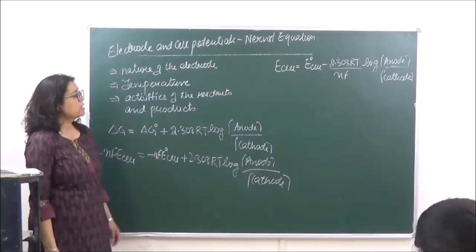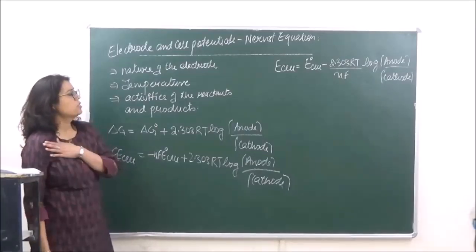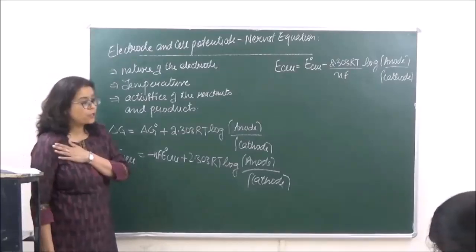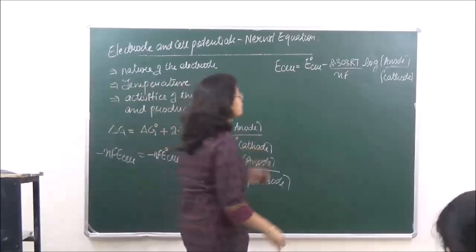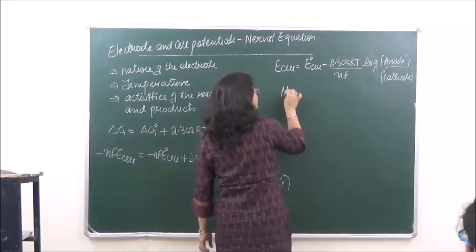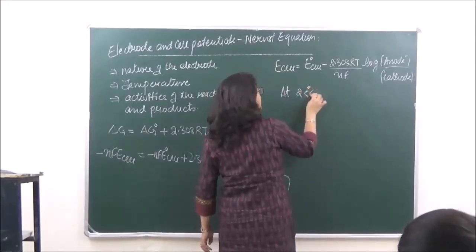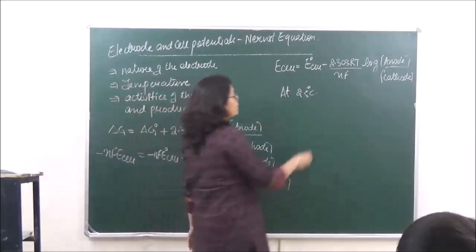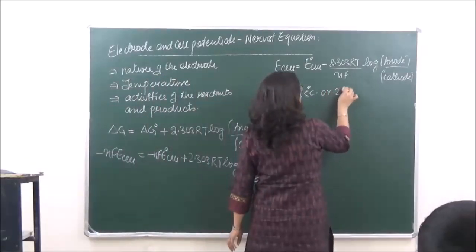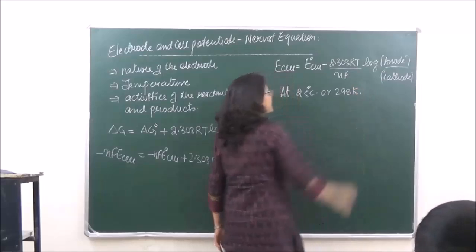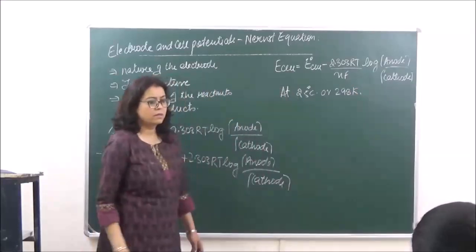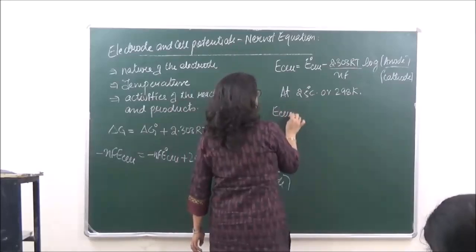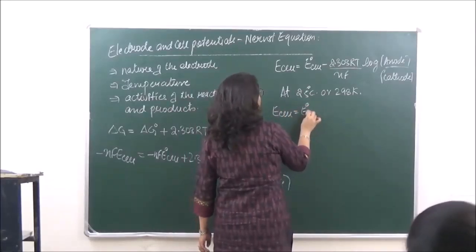Right? Now taking into consideration the value of R, the value of T and the value of Faraday over here. Let's say that we are operating the cell at room temperature, which is 25 degrees Celsius, or in Kelvin, 298 Kelvin. Okay?